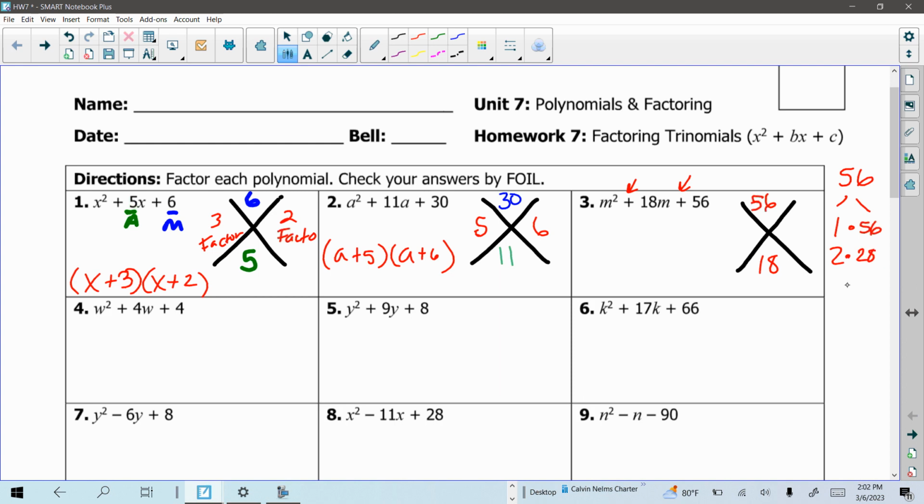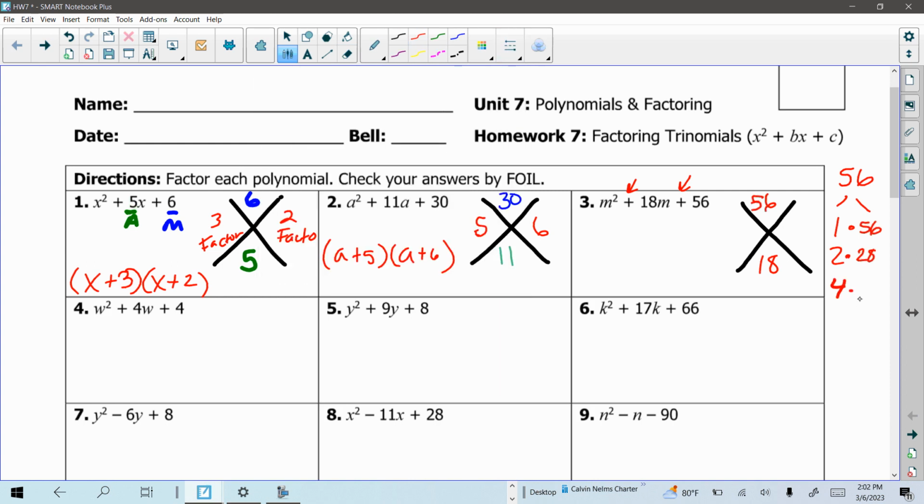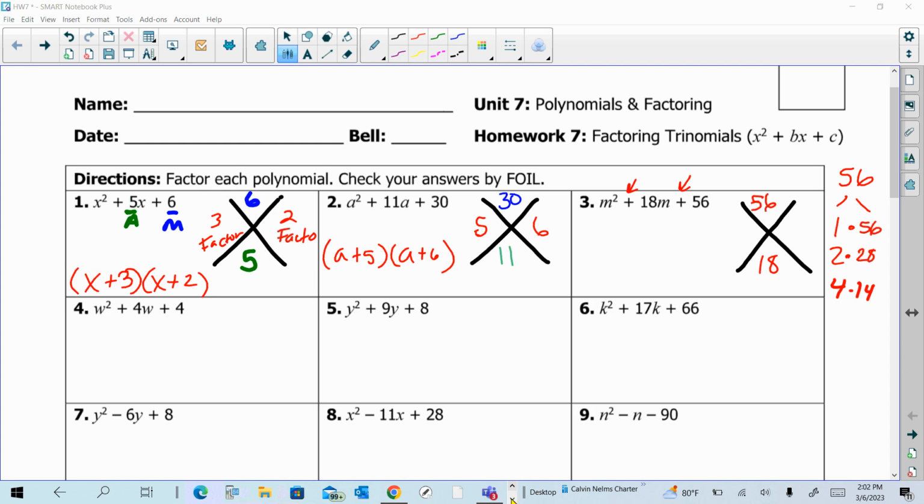Then I can check 3. A way to check 3 is if the sum of our digits is divisible by 3. 5 and 6 is 11, and 3 cannot go into 11, so 3 wouldn't work. Then you check your 4, and 14 works.